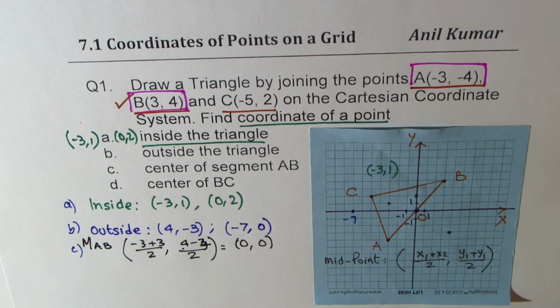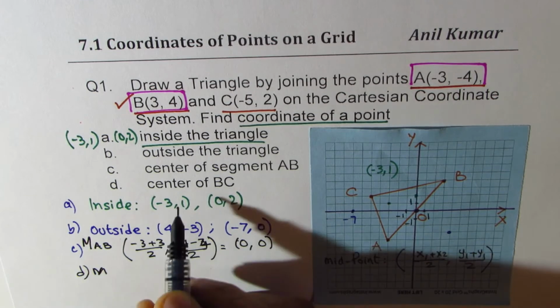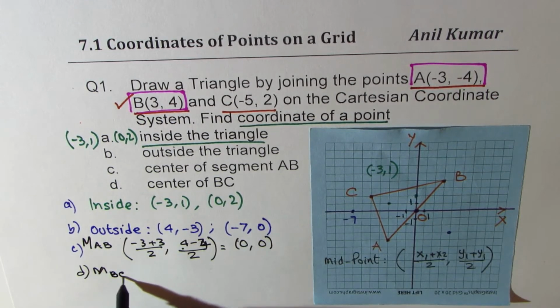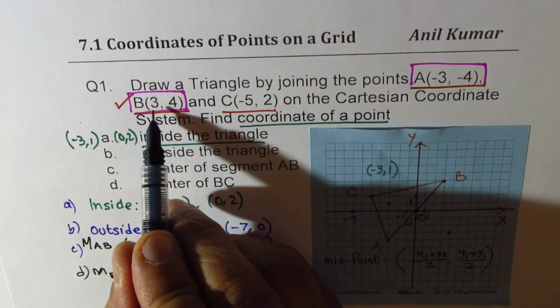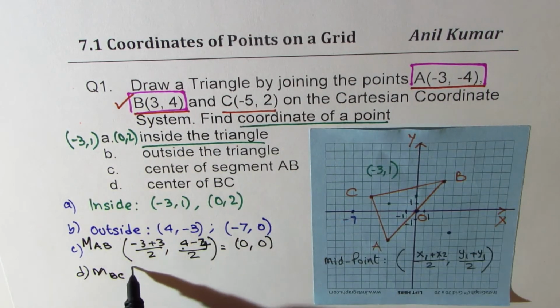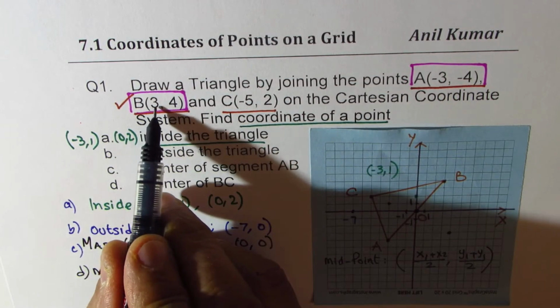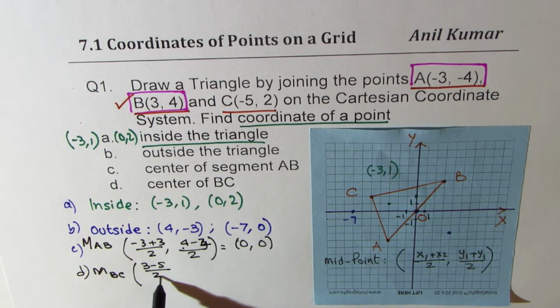Now let us do this calculation for part D. We are trying to find the midpoint this time of B and C, right? Between B and C, coordinates of B are 3, 4, and for C it is minus 5, 2. So to find the midpoint, I will add 3 and minus 5, so it becomes 3 minus 5 divided by 2.